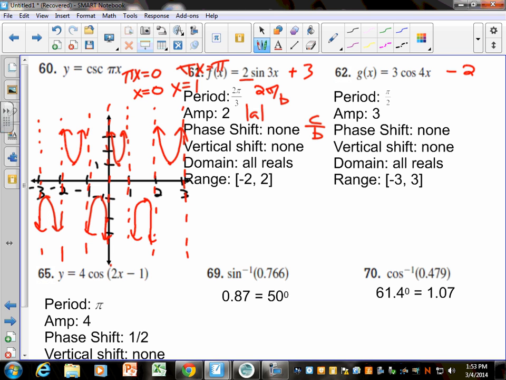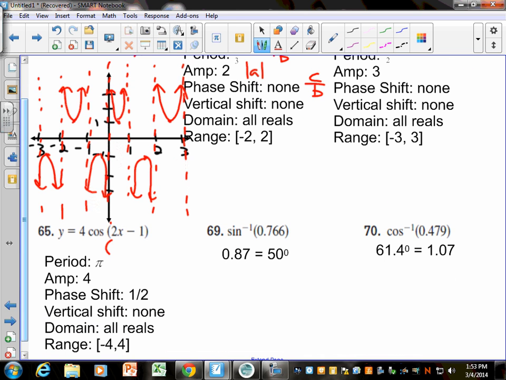I just wrote none because it wasn't a phase shift, but it would be a phase shift of 0. Number 65 is the one that has a phase shift. Notice that when we write this out, it's Bx minus C, so when you do the phase shift, it's like you're taking the opposite sign of C. So the answer here is 1/2, C over B, not negative 1/2.